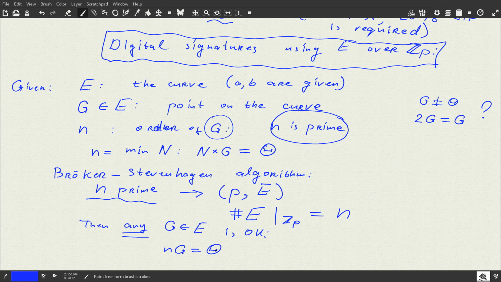Because there is a theorem from group theory that the order of any element is a divisor of the order of the whole group. But in this case, the order of the whole group, n, is prime. Therefore, for any element, the order of the element is either n or 1. It cannot be 1 because then it is theta by itself. Therefore, the order of any element is n.